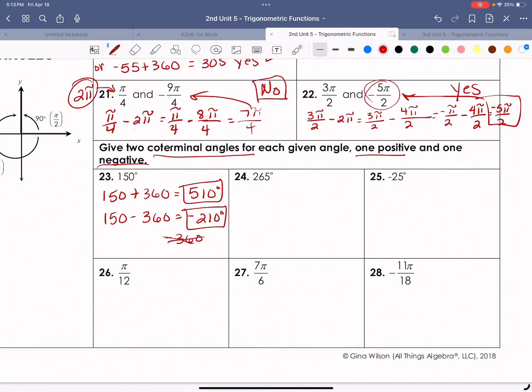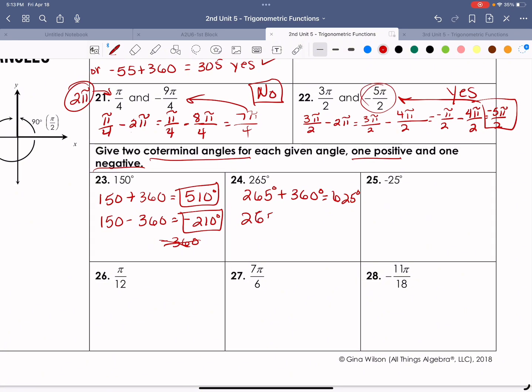All right, let's do 265. For 265, I'm going to add 360 degrees, which will give me 625 degrees. And I'm going to subtract 360. 265 minus 360 equals negative 95 degrees.